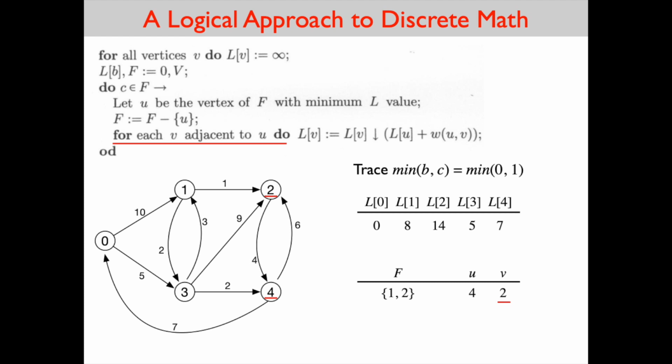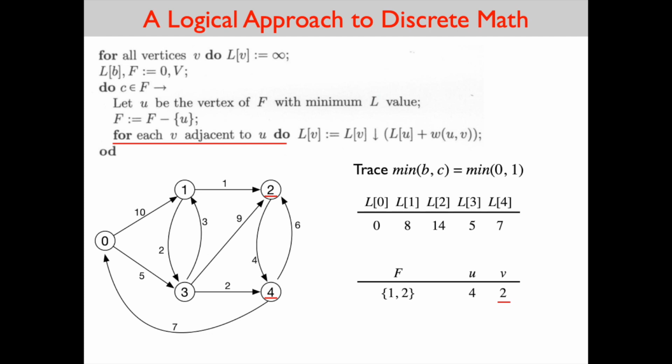That 14 came from 5 plus 9. In other words, the cost of the path from vertex 0 to vertex 3, which is 5, plus from vertex 3 to vertex 2, which is 9, and that 5 plus 9 is what gave us the 14. Basically what happened at that point in time is, at that point, the shortest path that we have discovered from 0 to 2 was from 0 to 3 to 2, with the cost of 5 plus 9, which is 14.